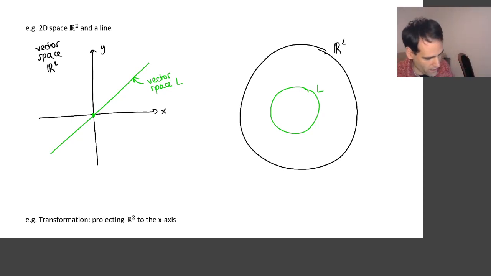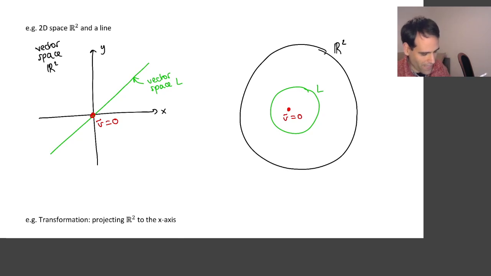And also, for example, the vector v equals 0. This is in itself also a subspace. You remember the origin is a zero-dimensional subspace, which is inside the vector space L, which is inside R squared. So we could draw it here. This would be v equals 0.